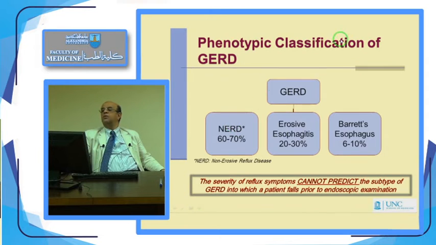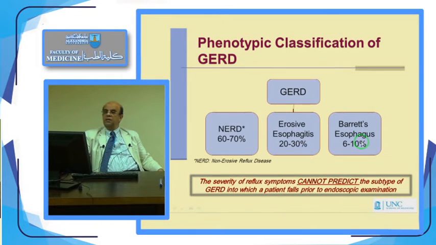The phenotypic classification of GERD includes NERD, non-erosive reflux disease. The patient has symptoms, but when we do endoscopy, we don't see any erosive esophagitis and no complication in the mucosa. Erosive esophagitis occurs in 20 to 30%.